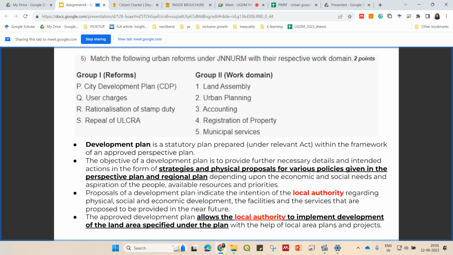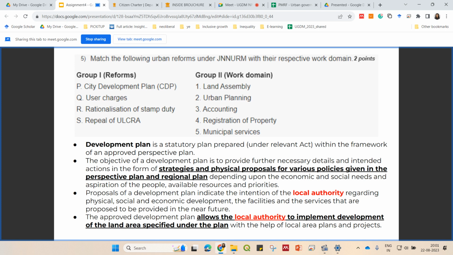What you need to pay attention to here is that it indicates the intention of the local authority regarding the physical, social, and economic development. So the regional plan and perspective plan can be formulated at the state level or by parastatal bodies, or it can involve several different organizations while formulating the policies which drive the development in a particular state or the cities in that state.